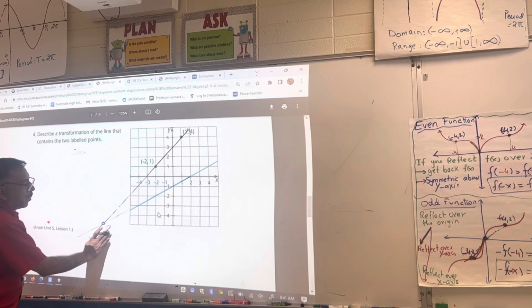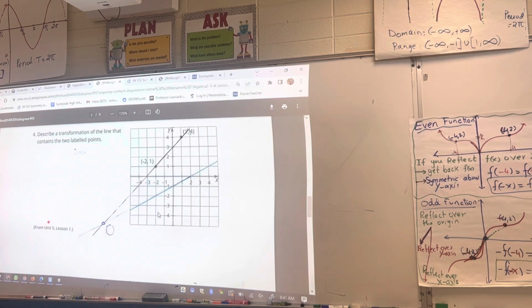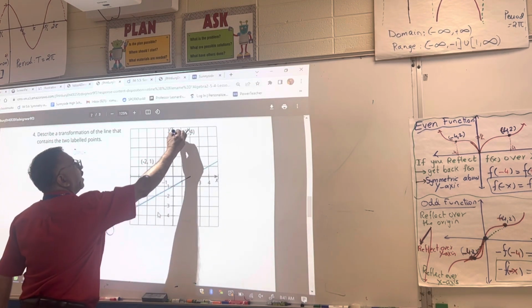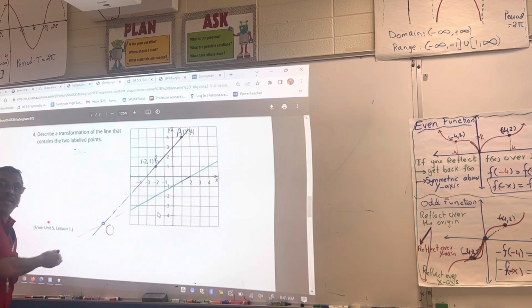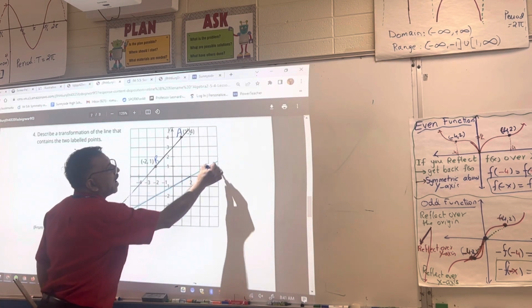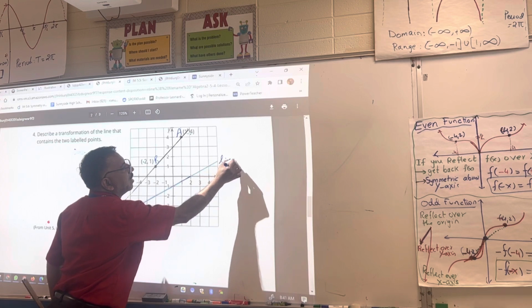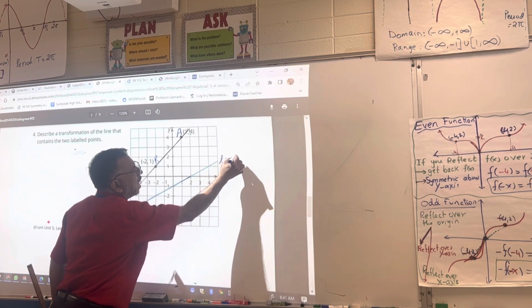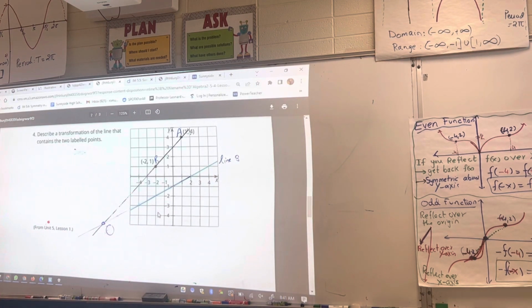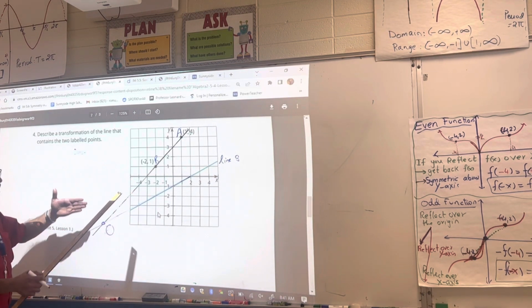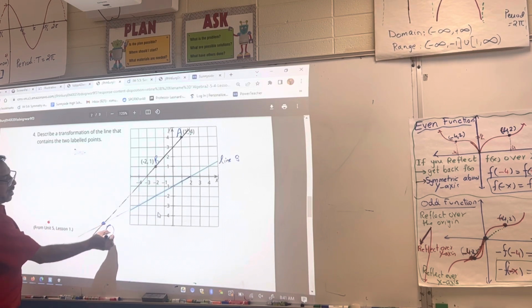Let's call this point O. Draw a line through points A and B. Draw the blue line and extend it. I'll call the line lowercase s. These 2 lines, if you extend them, meet at a point of intersection, O.